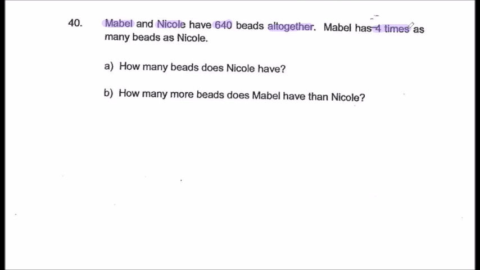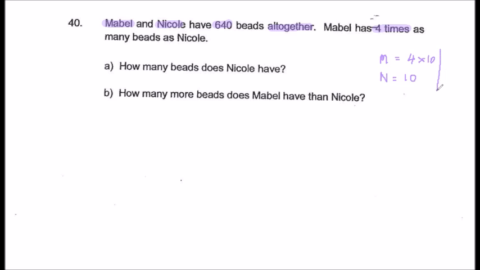4 times as many means that if, let's say, Nicole has 10, Mabel has 4 times as many, so it will be 4 times 10. Okay, you understand?